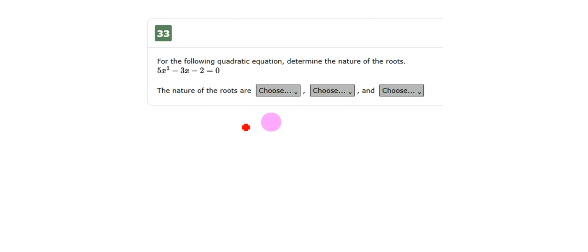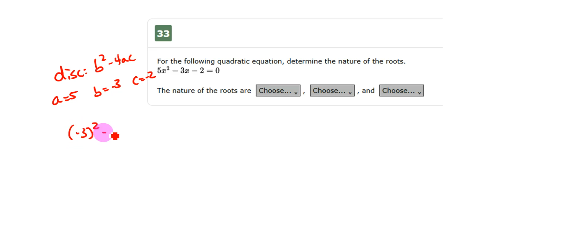All right, so we're going to use the discriminant. The discriminant is b squared minus 4ac. All the stuff under the radical in there. So a is 5, b is negative 3, c is negative 2. So we do negative 3 squared minus 4 times 5 times negative 2. 9, it's going to be plus, what? 4 times 5 is 20, times 2 is 40.